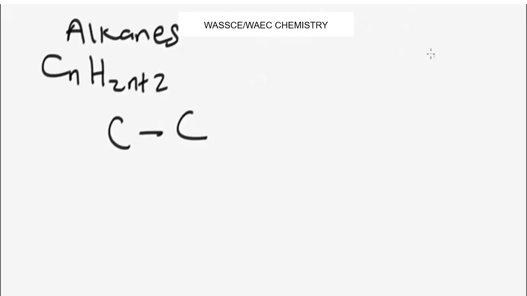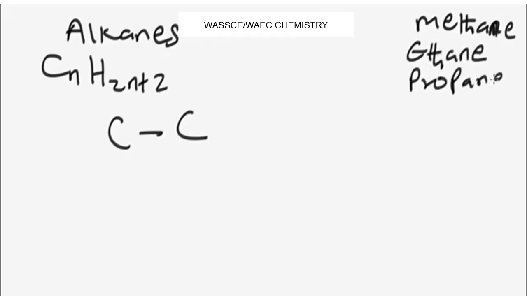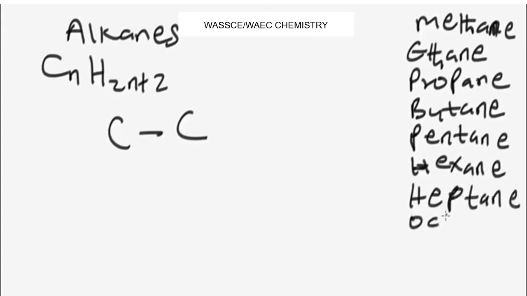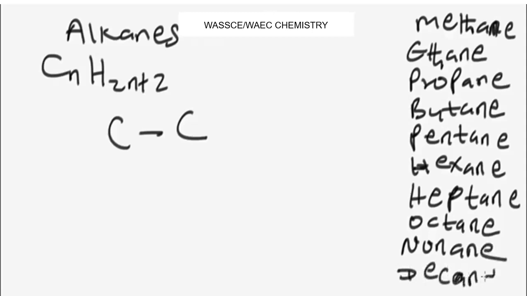Now the members of the alkane family include methane, ethane, propane, butane, pentane, hexane, heptane, octane, nonane, and decane.